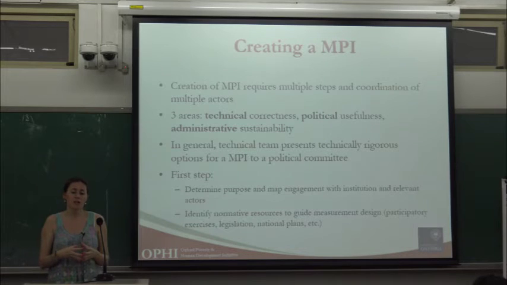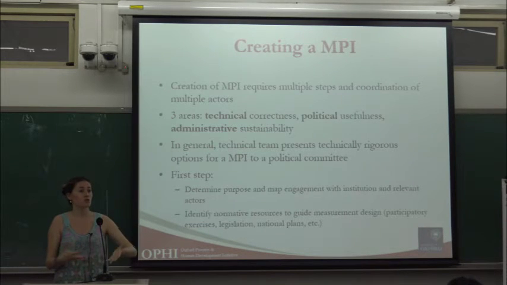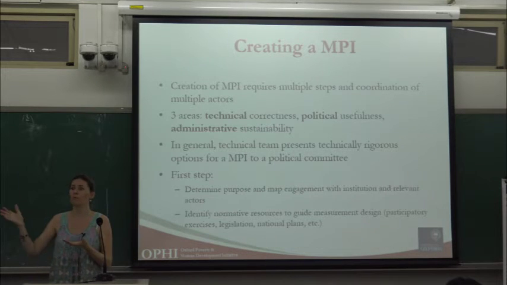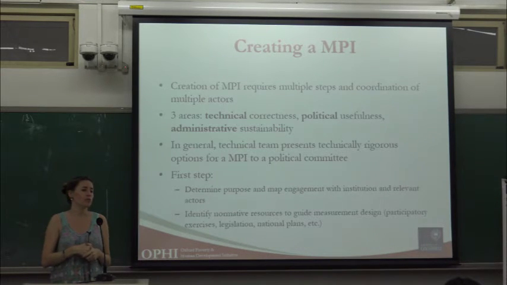So the first thing is actually to have a normative understanding, or all this set of normative decisions that are already going to be made. So usually what happens is that somebody has already decided on a purpose, like I want to track poverty, I want to be able to target the poorest of the poor, I want to be able to really understand what the regional disparities in the country are.